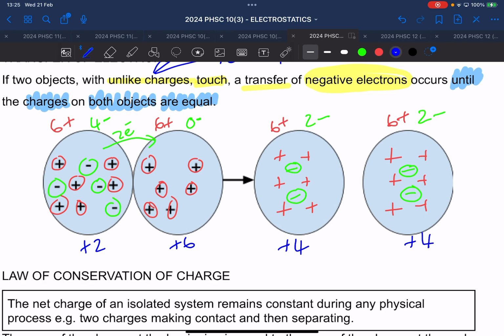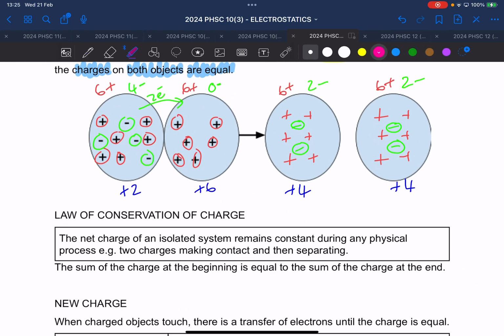Okay, so here we have the law of conservation of charge. Now let's just stop there. Conservation. What does that word mean?